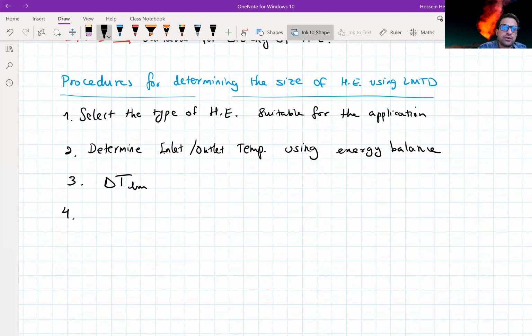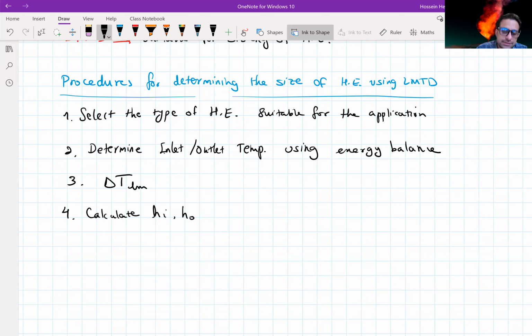Then if we don't know, we calculate convective heat transfer coefficients. I'm just going to call them hi and ho, referring to the flow inside the tube and outside the tube. And so far, we have seen a lot of correlations for forced convection, and we will see other types of convection later on.